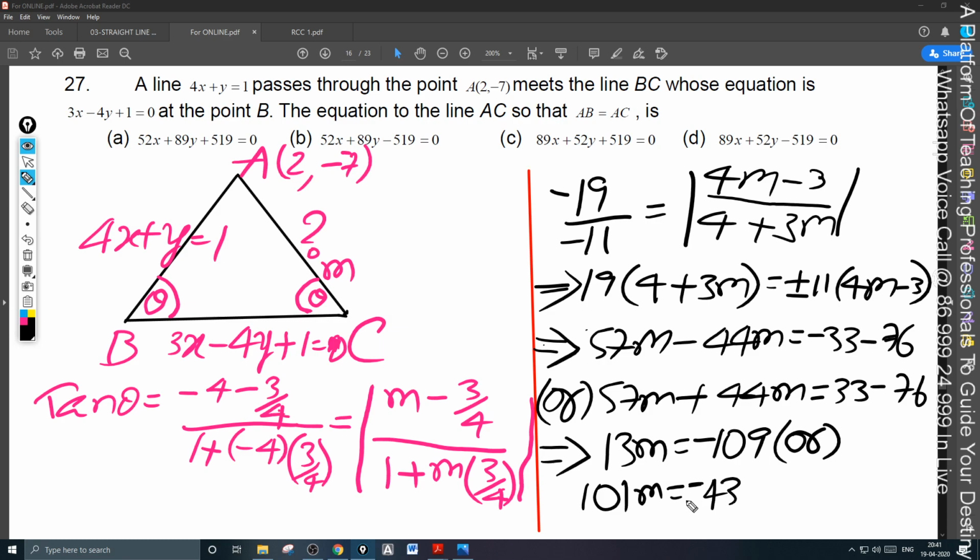Now tan theta is, the slope is minus 4 here, m1. The slope is 3 by 4 here, m1 minus m2 by 1 plus m1 into m2. This is correct already. Then if you take LCM, this is minus 16 minus 3, minus 19. 4m minus 3, it is 4 plus 3m.